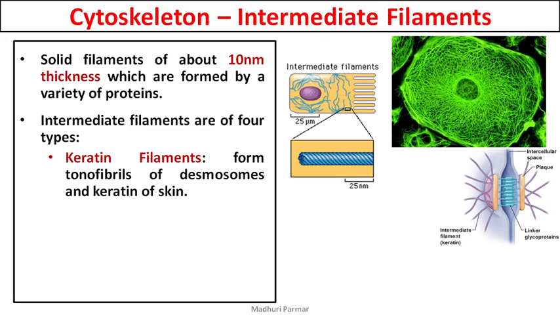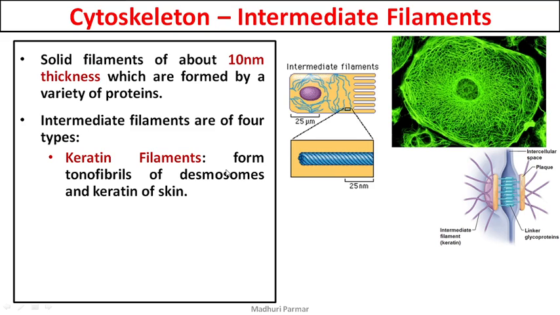Your hair is made up of keratin, your nails are made up of keratin, then the horns of, let us say, cows and buffaloes are made up of keratin, the claws of a lion are made of keratin, and the horn of a rhinoceros is also made up of keratin. So you can see where all this intermediate filament is very, very important.